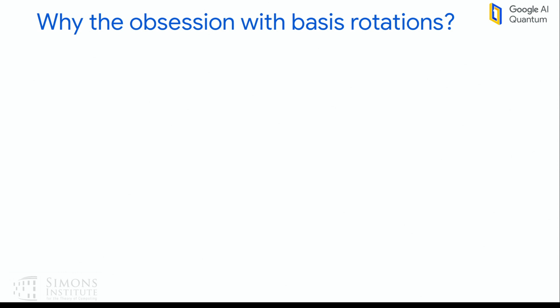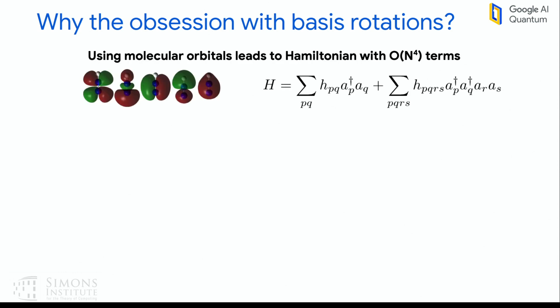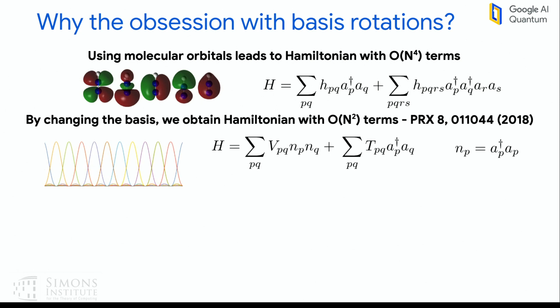Okay, so why am I so obsessed with basis rotations? I think this is such an important thing to practice doing. When you write down the quantum chemistry Hamiltonian in the normal molecular orbital basis, you get this very complicated object which has n to the 4 terms in it. That complicates the number of measurements you have to make in VQE. That complicates the number of gates in a Trotter step. It complicates a lot of things.